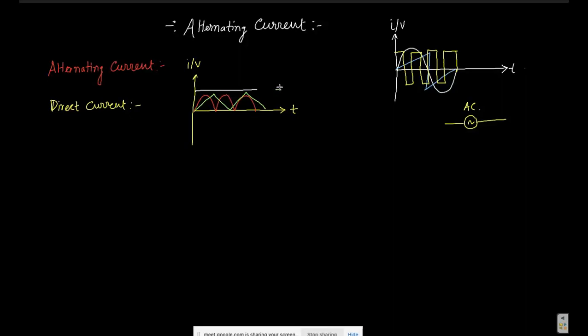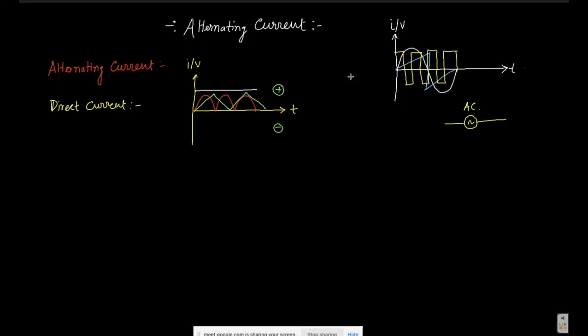So if you consider this as the positive half and this as the negative half, you see that in this waveform the current flows only in one direction, and there may be some variation in magnitude. It means the magnitude may or may not be constant for the entire period.